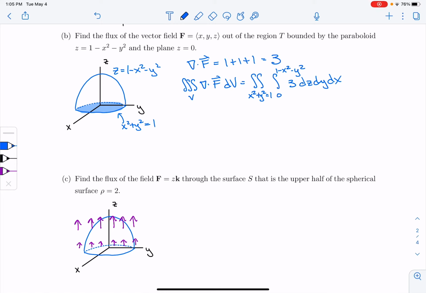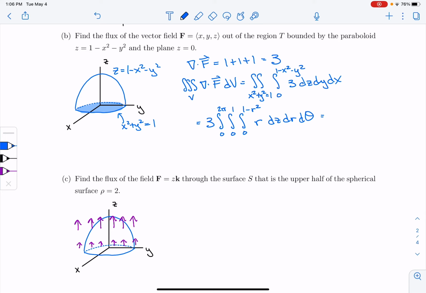So in fact, I'm going to rewrite this as 3 times the integral from 0 to 2 pi, the integral from 0 to 1, and then the integral from 0 to 1 minus r squared, and that's going to be r dz dr d theta.